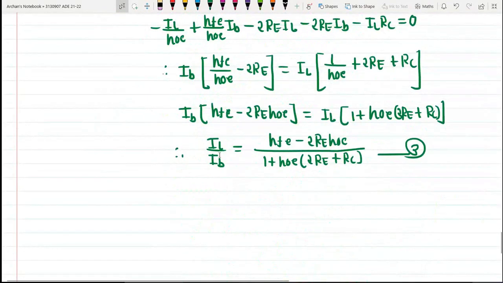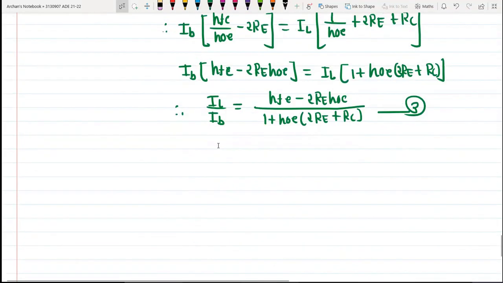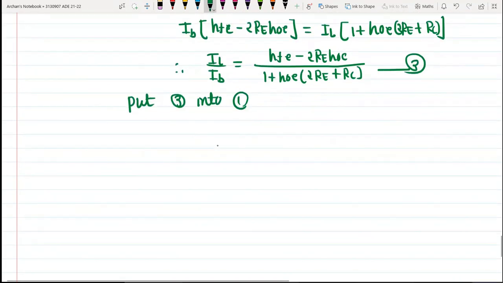So now from this equation number 3 we will get the value of IB. Okay, so if we put the value of IB, that means put 3 into 1, we will get, okay, now I will directly write down the equation which we are getting.